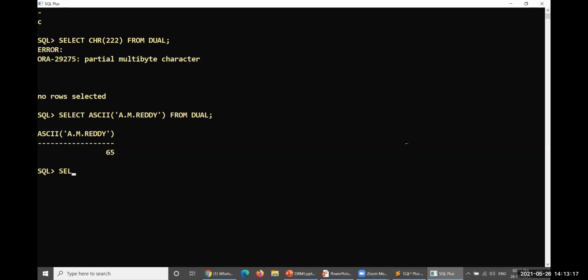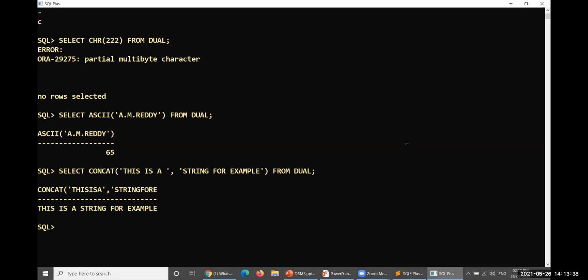So select CONCAT, the first string is this, comma, the second string is, for example, whatever you can take, from DUAL. Both will be concatenated and displayed continuously.